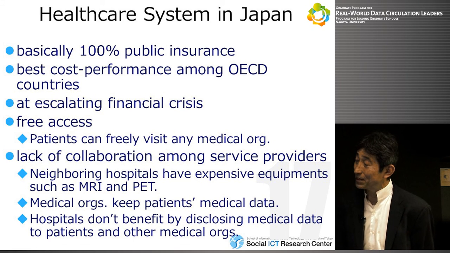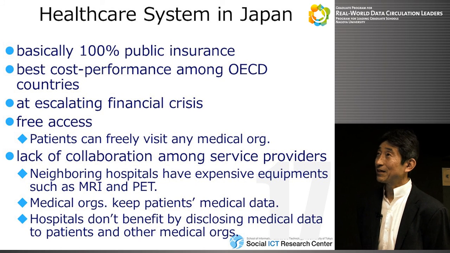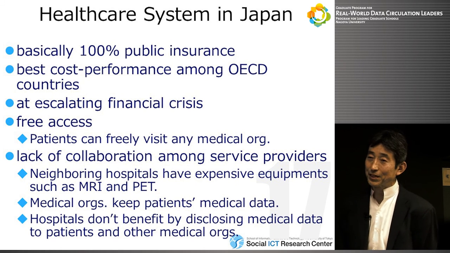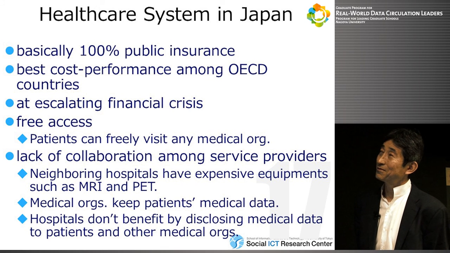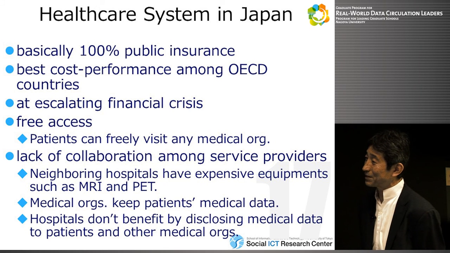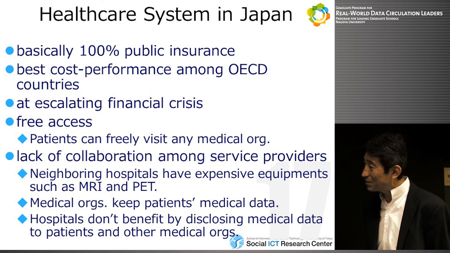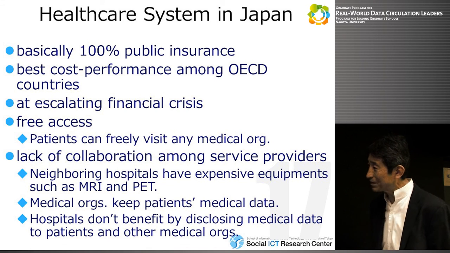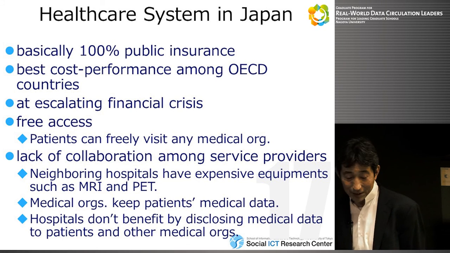That's another cause of inefficiency because that would cause some double checking and double diagnosis and, not maybe operation, but double treatments in different medical services happening all over Japan. So this is the current situation.